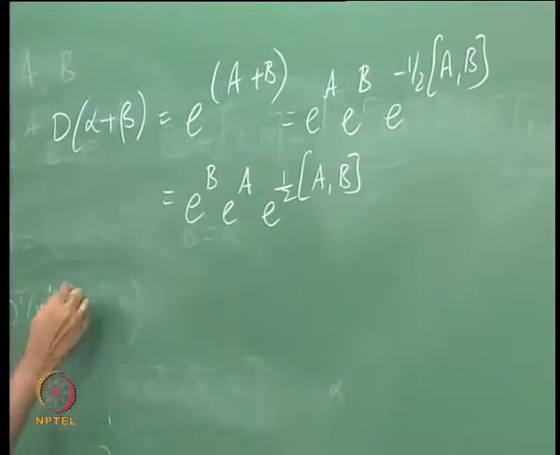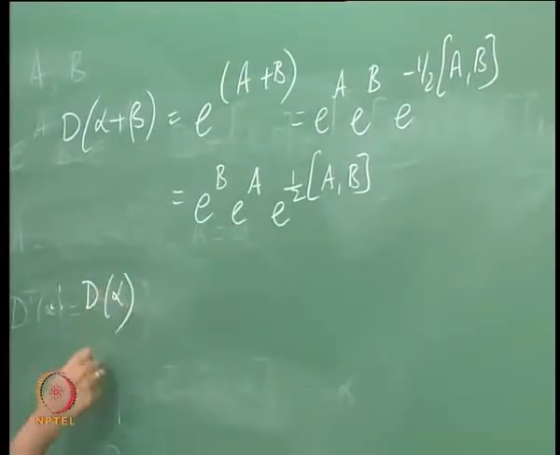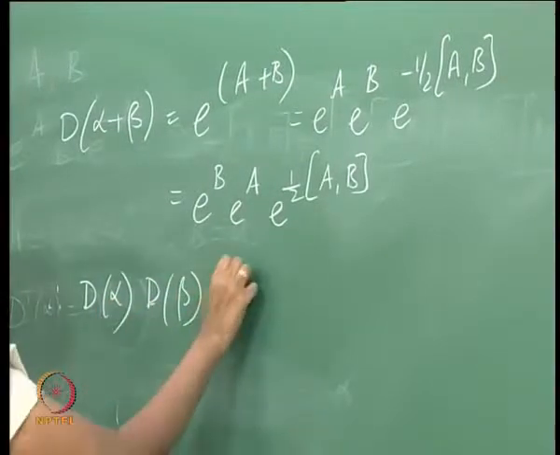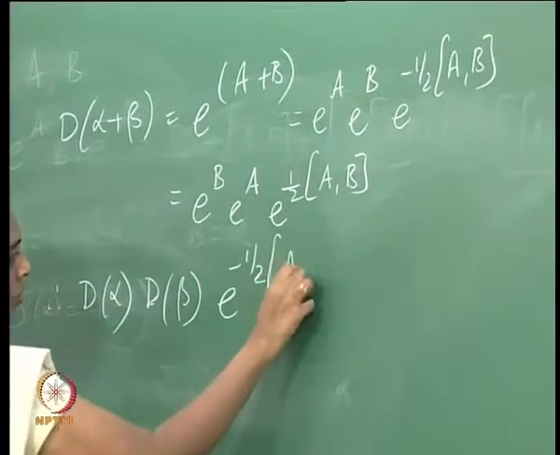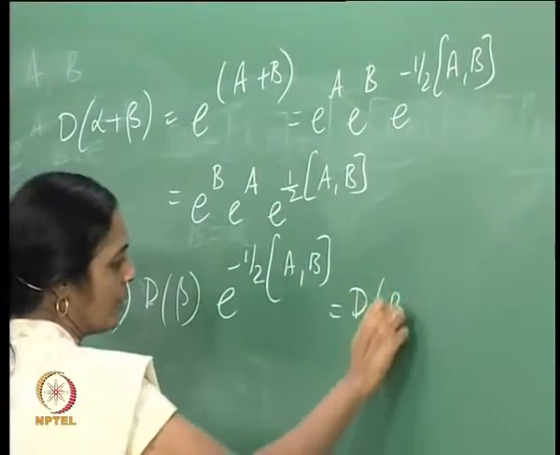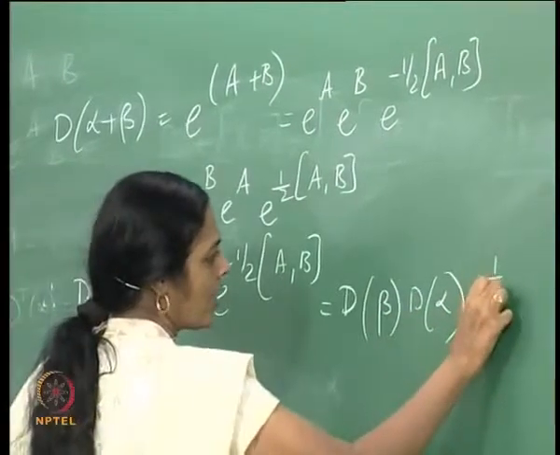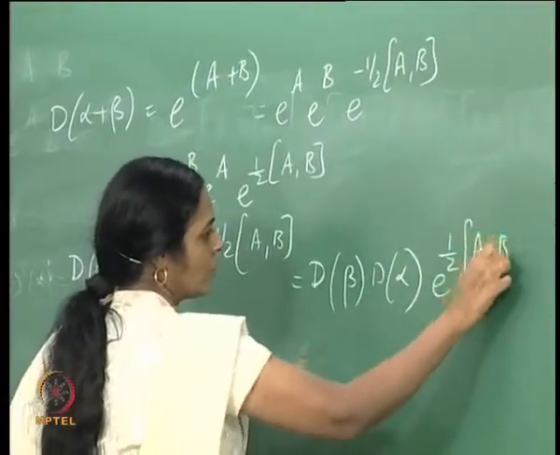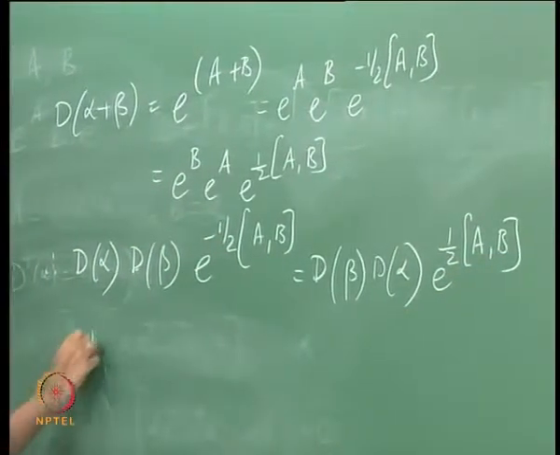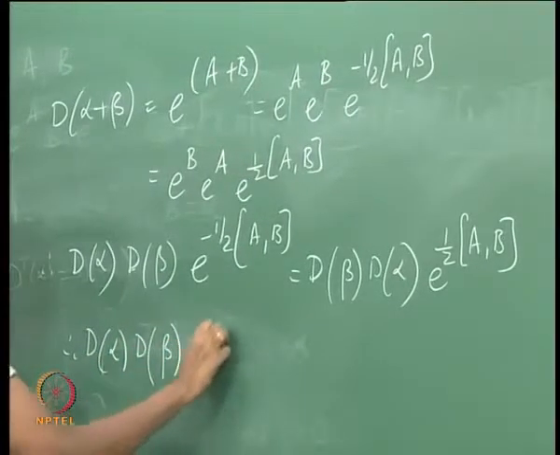I therefore have, now e to the A is simply D of alpha, e to the B is D of beta, e to the minus half commutator of A with B, which is D of beta, e to the A, which is D of alpha, e to the plus half commutator of A with B. Therefore, D of alpha and D of beta do not commute with each other.